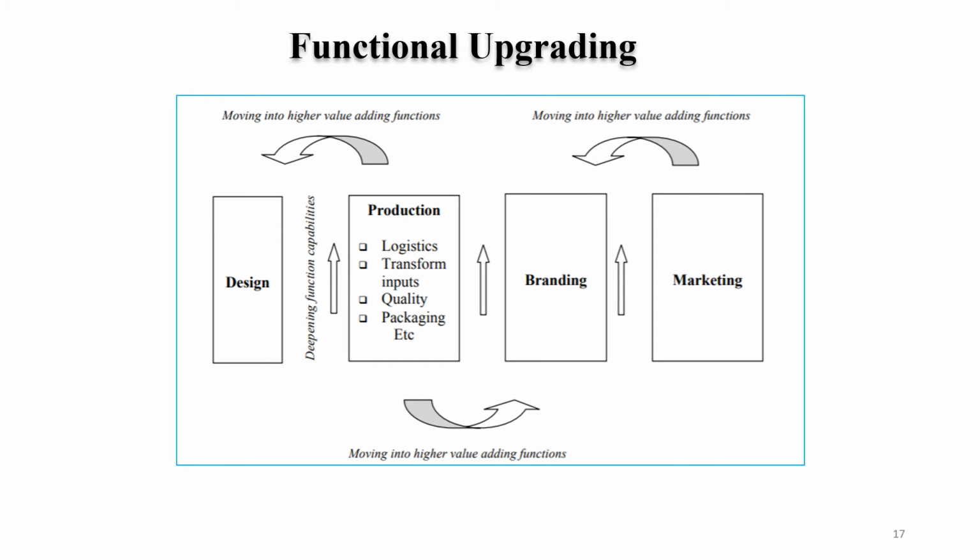So this is also an example of upgrading, how a firm can move to higher value adding activities, for example, from managing production to designing the new product, or moving to branding or marketing of the product.